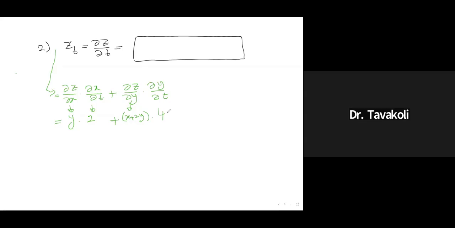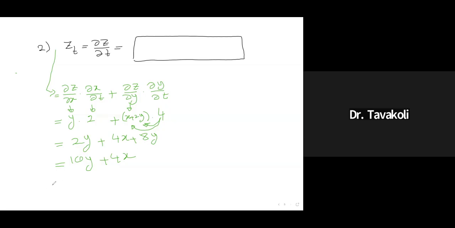Now let's simplify this. This is 2y. The other one, 4 is distributed over these parentheses: 4x plus 8y, which is 10y plus 4x. The final answer should be in terms of s and t.